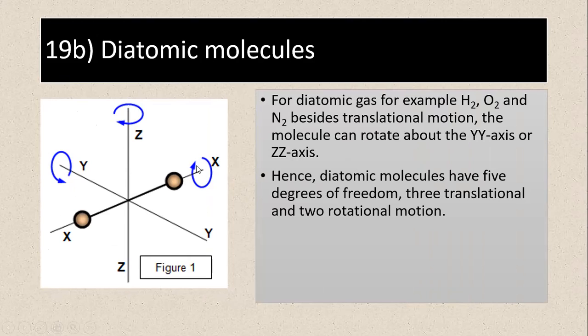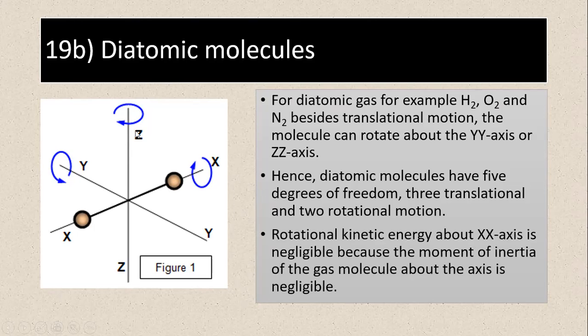The moment of inertia is very small, so we won't bother about XX. Because the molecules are very small, the inertia is very small. So we consider 2 rotational only, about the Y-axis and Z-axis. The rotational kinetic energy about the X-axis is negligible because the moment of inertia of the gas molecule about that axis is too small to consider.